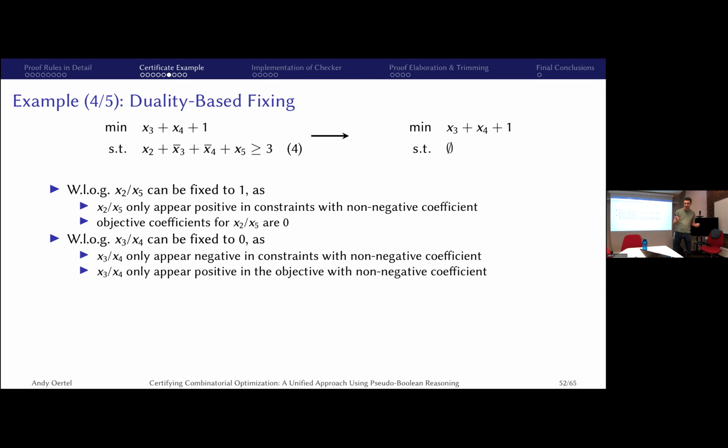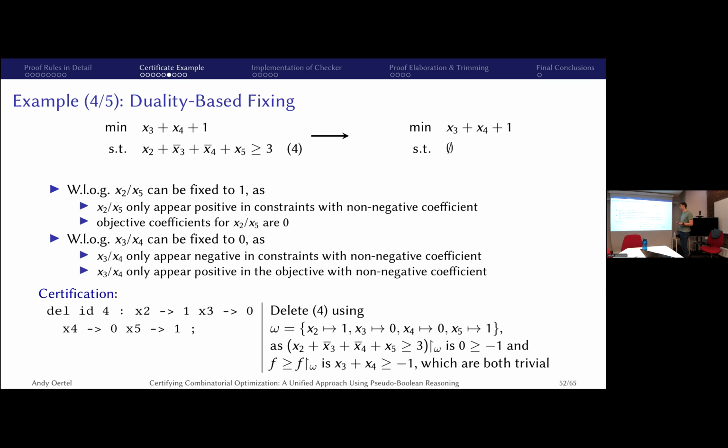And we could now add this fact that x2 is greater equal 1, this fixing, as constraints explicitly, and then add them to the objective and delete things afterwards.